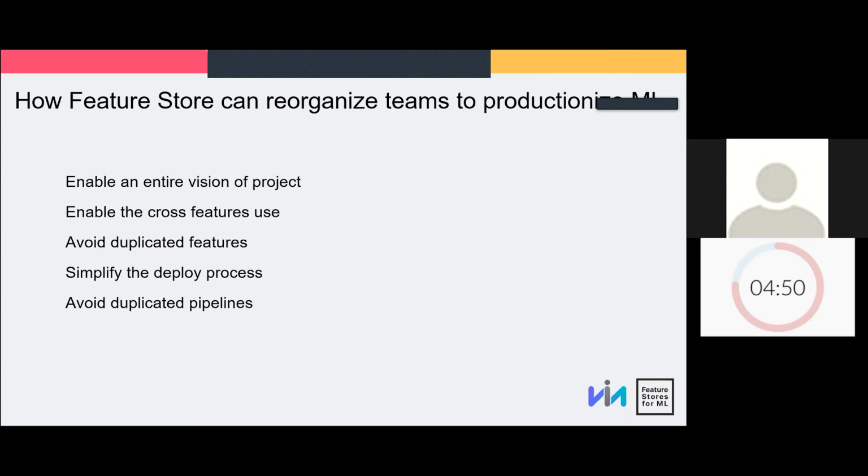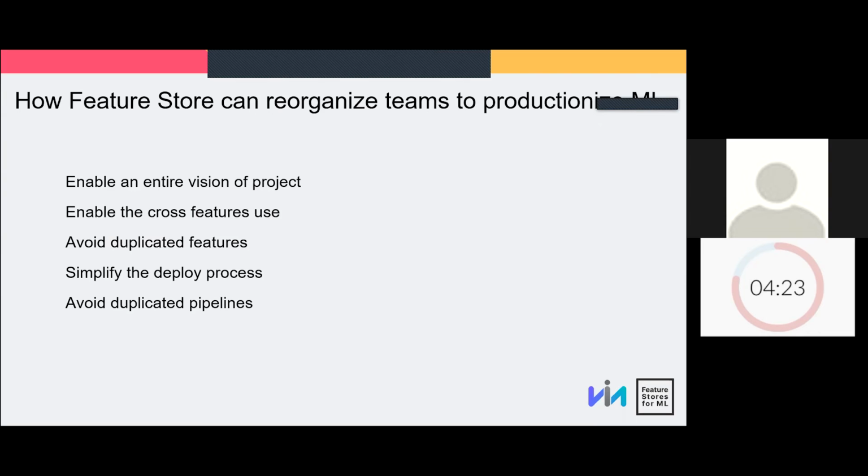It also avoids duplicated pipelines. Using a feature store, you won't have duplicated pipelines. Obviously, you must have some process to guarantee that your data scientists will see all available features before starting to create a new one. But this process is 100 times less costly than creating new features from nothing.